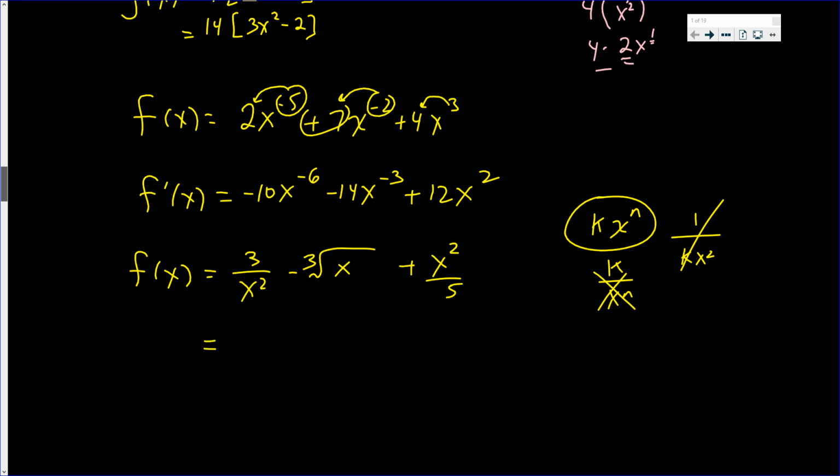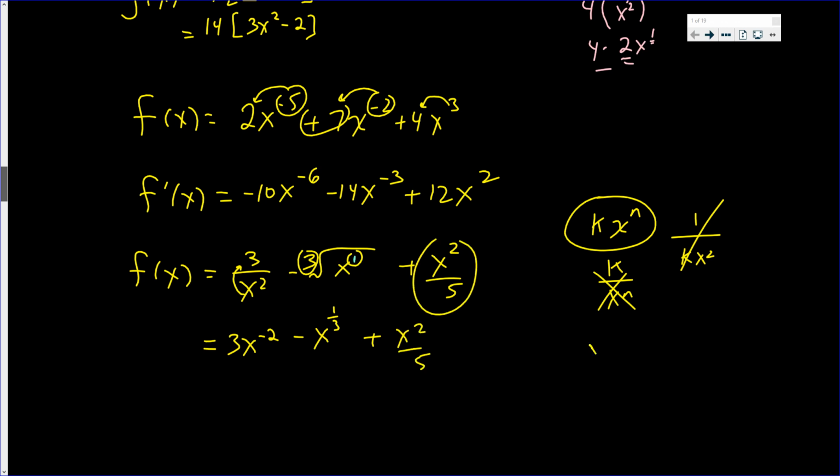Oh, that's simple. I'll move this to the numerator. The power changes signs. Over here, there's an understood 1. So this becomes minus x to the 1/3. And this last term, it's fine.